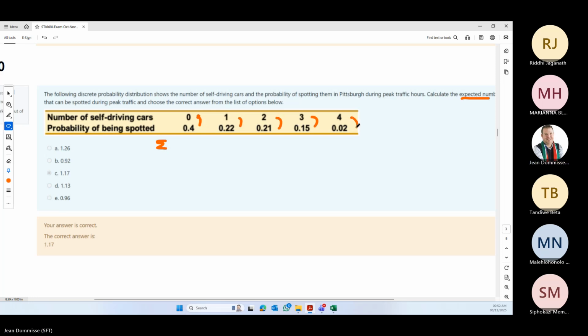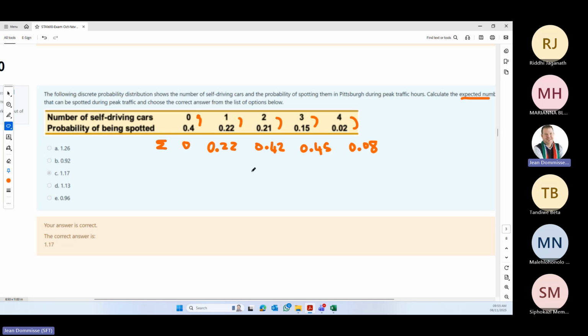So again, I'm doing it quickly on my cell phone calculator. It would probably take longer to type it in Excel, unless it was standard deviation or variance, something different. But here, 0 times that is 0. 1 times that is 0.22. 2 times that is 0.42. 3 times that is 0.45. 4 times that, I think it's 0.08.